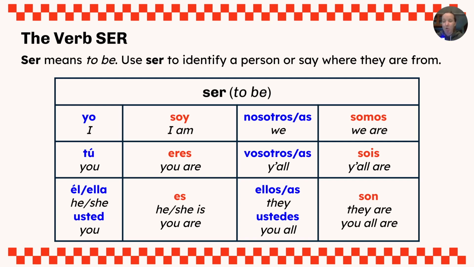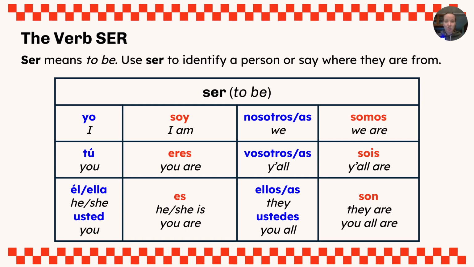So this chart shows us all of our subject pronouns, the ones bolded in blue, and our conjugations of the verb ser, the ones bolded in red. Now you might be wondering, Miss Rund, what the heck is a conjugation? Explaining conjugations is so hard. A conjugation is a verb when it is given a tense and when it has a subject, or the person that is doing the action.